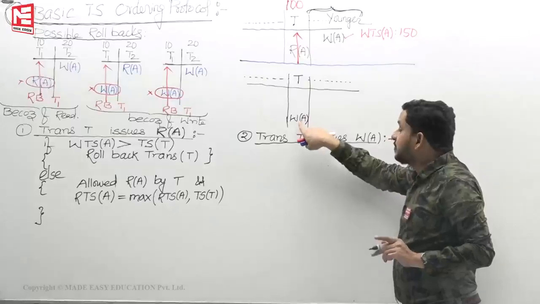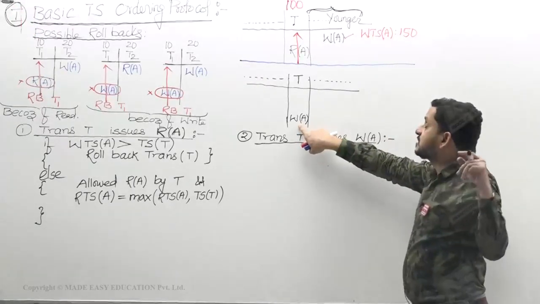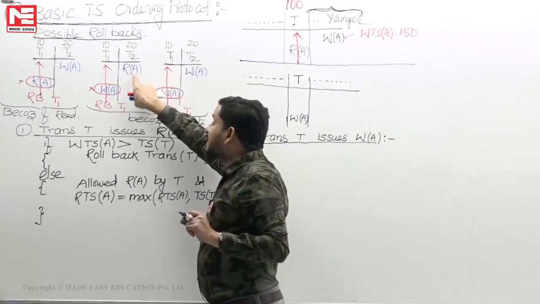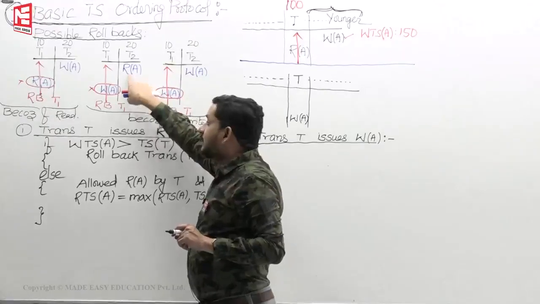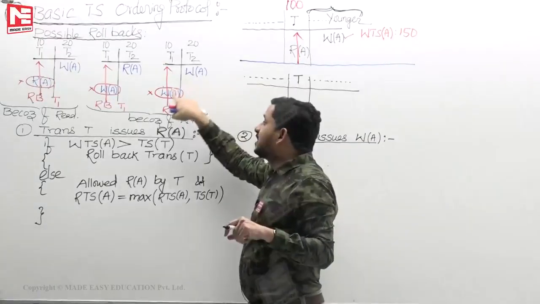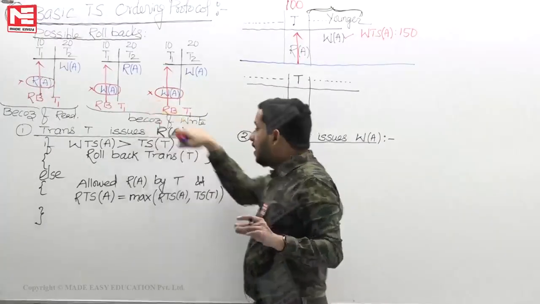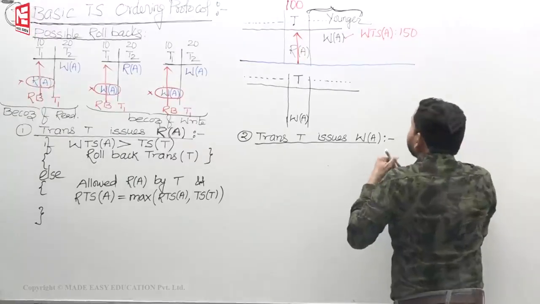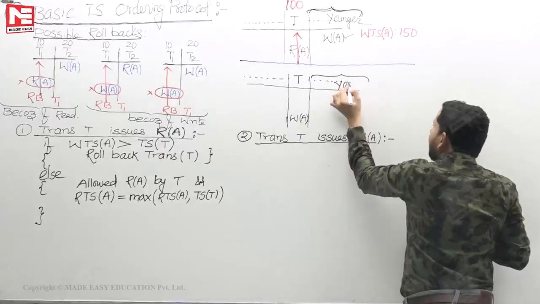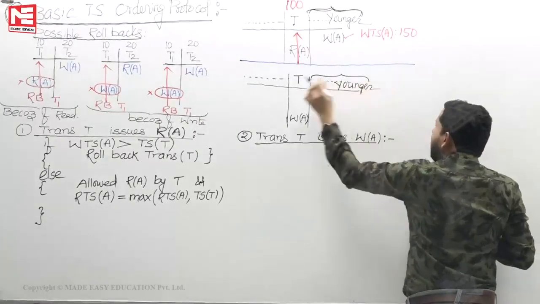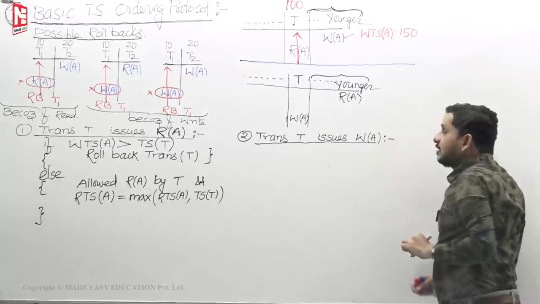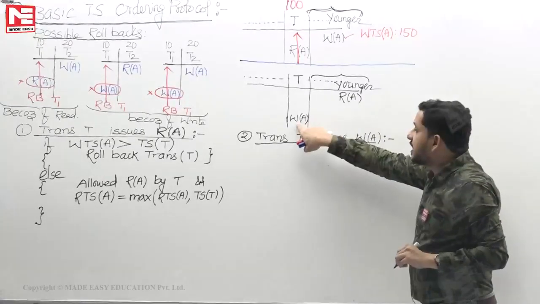Now, when is this write request allowed, and when does this write request cause rollback? We already discussed: if a younger transaction already did the read, then T's write is not allowed. If a younger transaction already did the write, T is not allowed to write. If some transaction younger than T already did the read, then this write is not allowed.